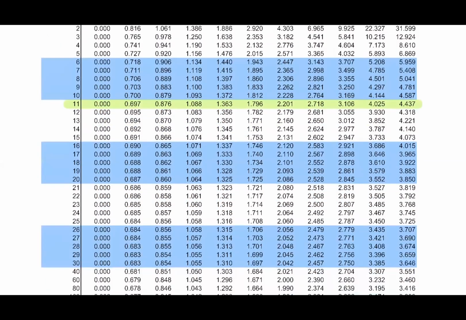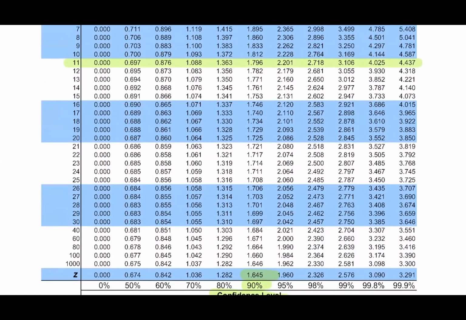Now if I go down here for confidence level, it should be right over here. If you look at where they intersect, they intersect at 2.201. Any question on where the 2.201 comes from? All right.